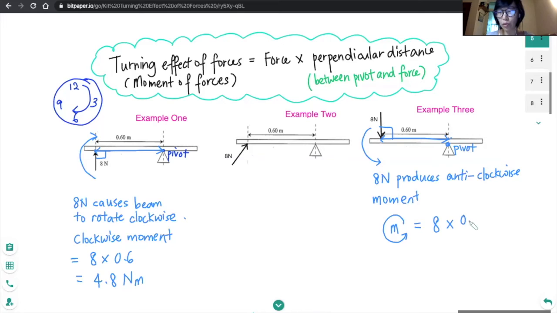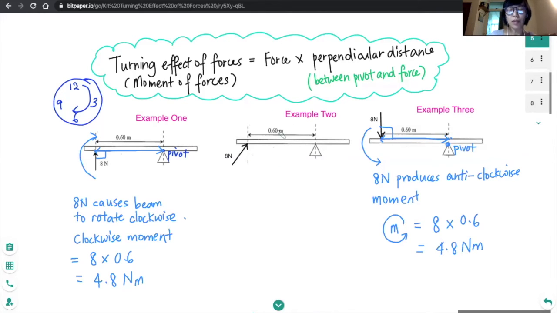So we still have 0.6. So we have 4.8 Newton meter anti-clockwise. So even though the value is the same, both are 4.8, if you were to apply a force like in example 1, it will produce a different effect as compared to example 3, right?